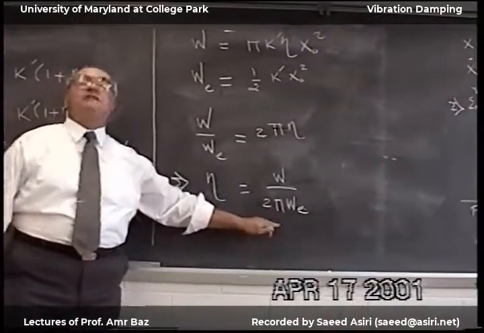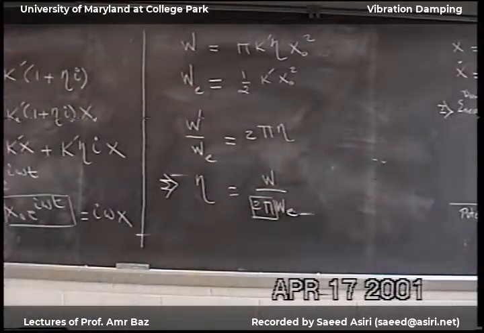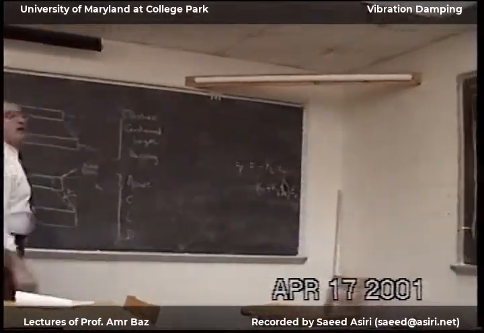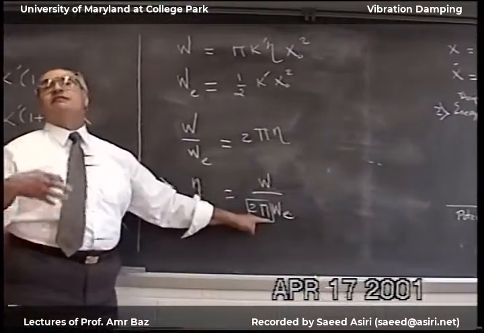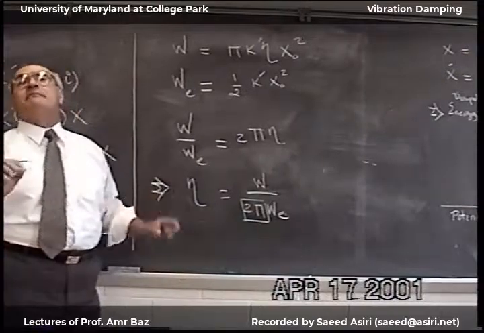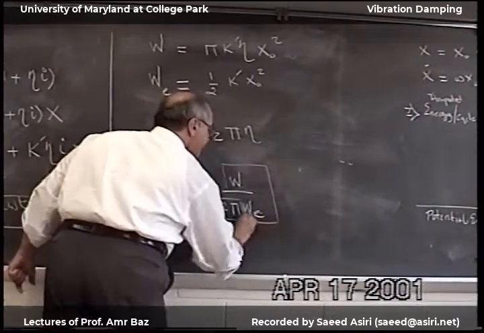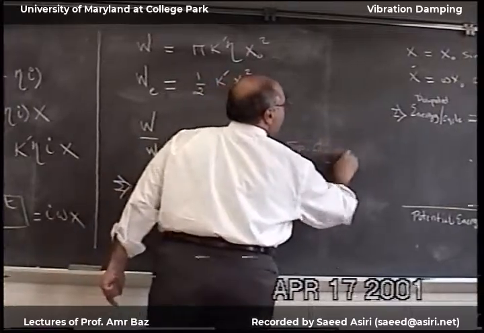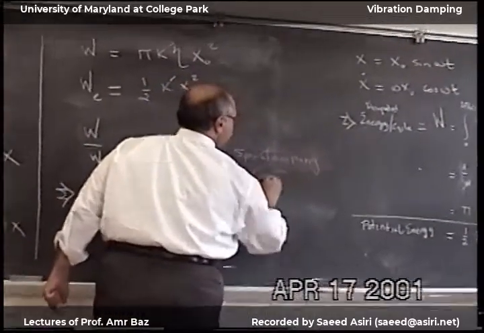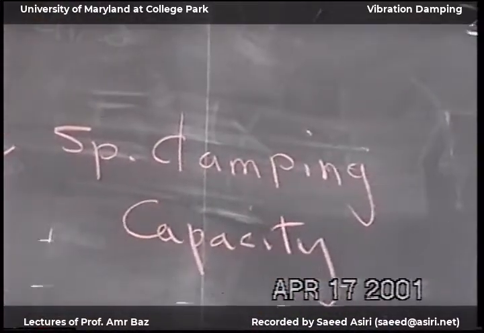So now you will know why we have this term 2 pi. But anyway, you could see in many vibration books the ratio here is used as an indication of the damping, but it's called a different name. This ratio is called the specific damping capacity.